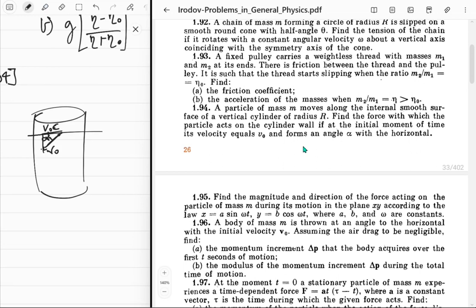If this is just going like that, that velocity is in fact not restricted at all, right? The normal force cannot change this kind of velocity that is perpendicular to it.